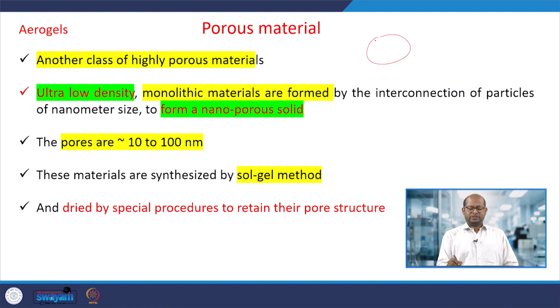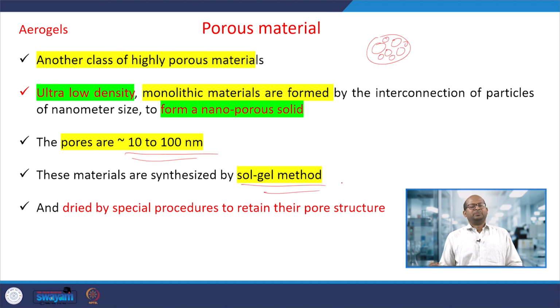In this solid material there are many pores, micropores and mesopores, so the solid framework is present but in very small quantity. As a result the density is extremely low, and the pores may be 10 to 100 nanometers, or in some aerogels the pore size is also less than 2 nanometers.